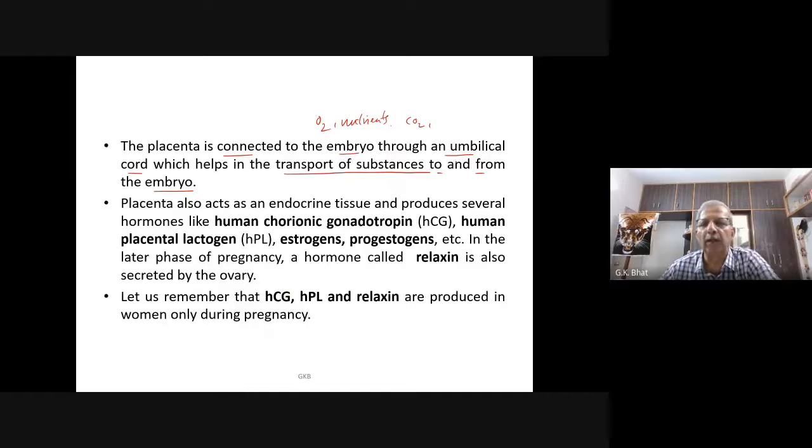So, the umbilical cord, as I mentioned, is mainly made up of arteries and veins. Arteries provide oxygen and nutrients, and veins take away carbon dioxide and the excreted matter.